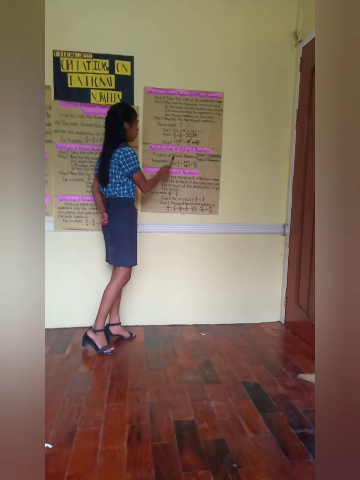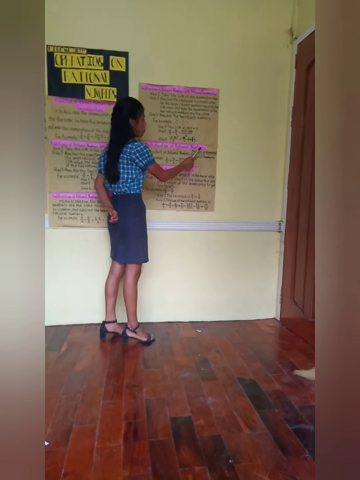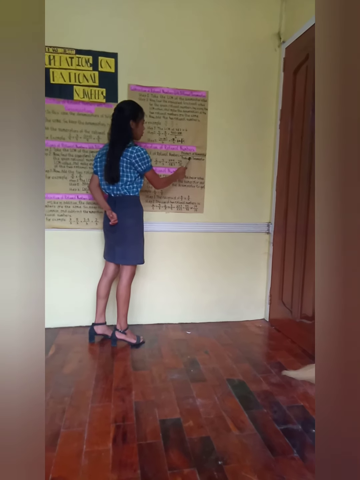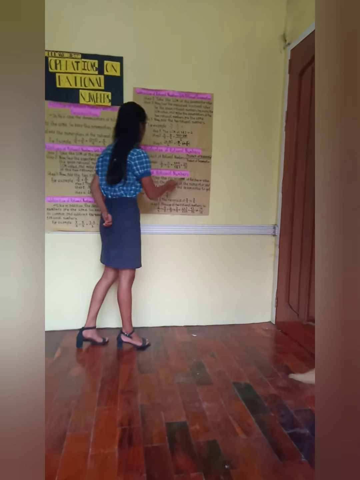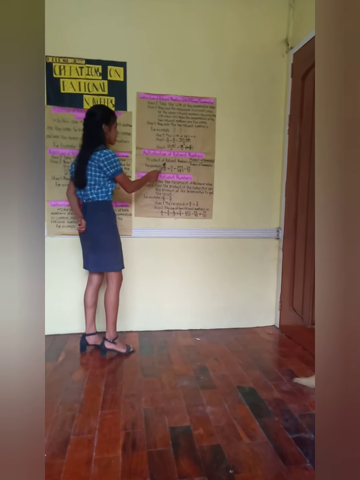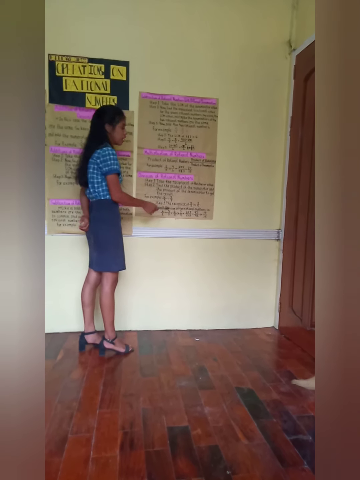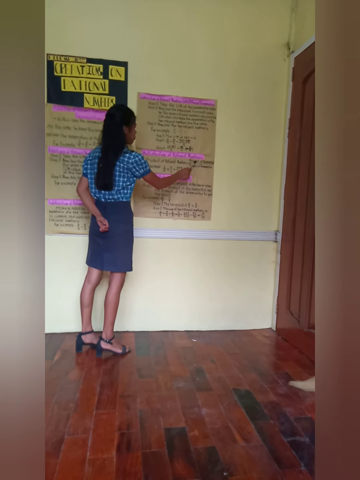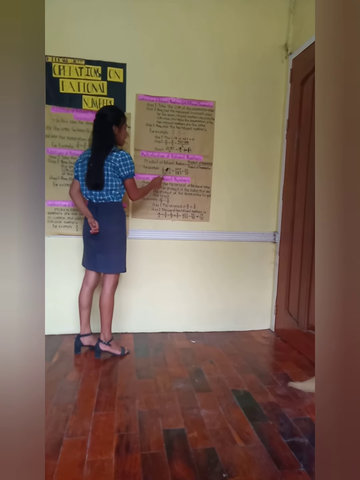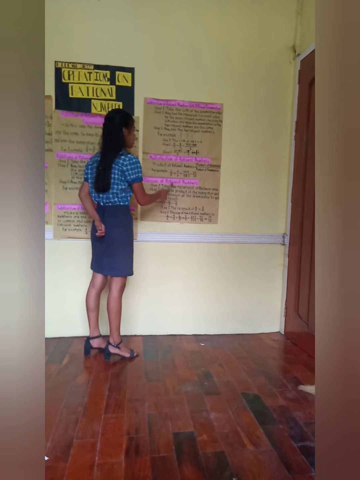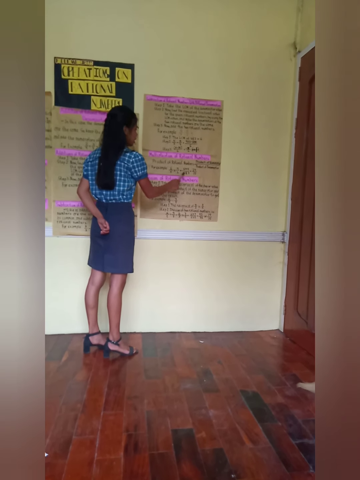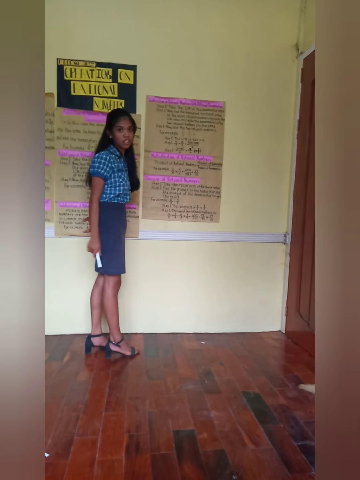The product of rational numbers is equal to product of numerator over the product of denominator. For example, 6/5 times 4/3 is equal to, it says that product of numerator. So, let's multiply 6 and 4. 6 times 4, 24.